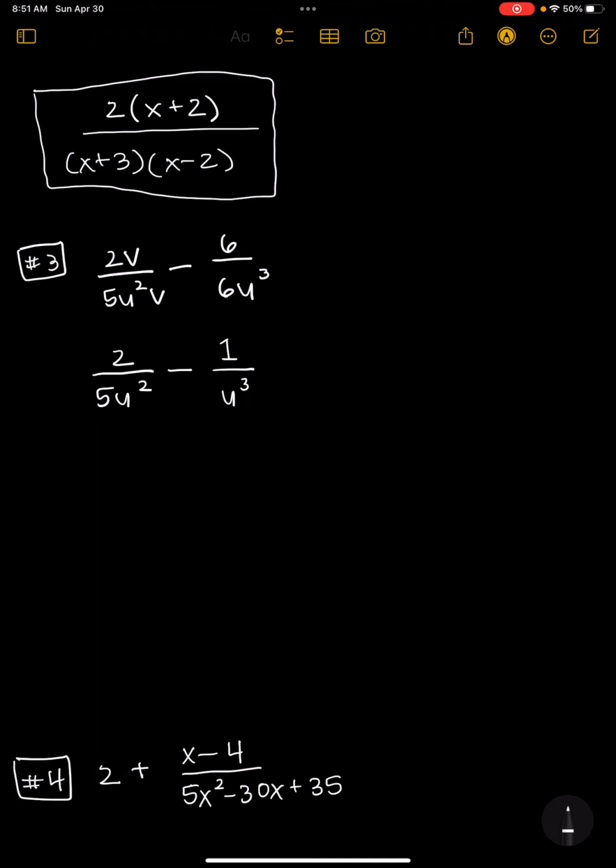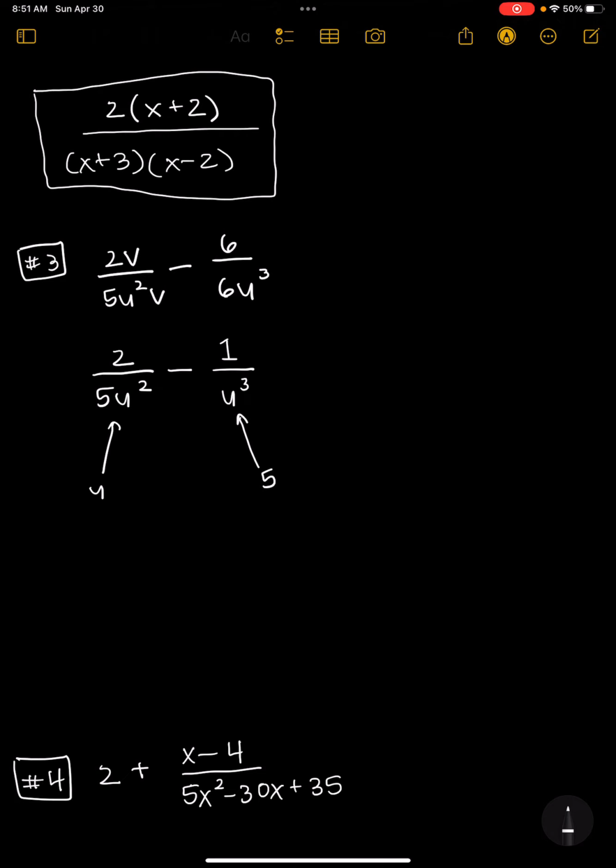So I know that this guy needs a 5, right? Because the left side had a 5. But now if I multiply the right side by 5, I would end up with 5u cubed. And the left side is 5u squared. So this side needs to be multiplied by u, so that it's 5u cubed.